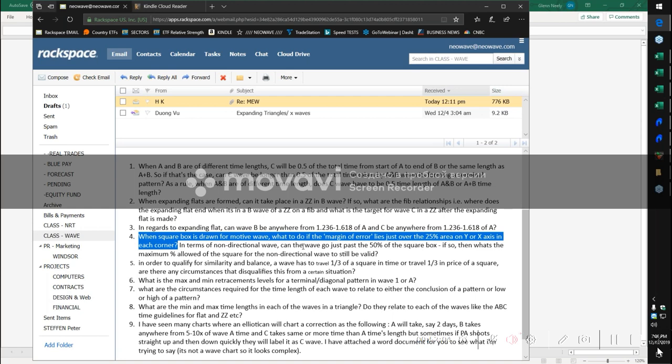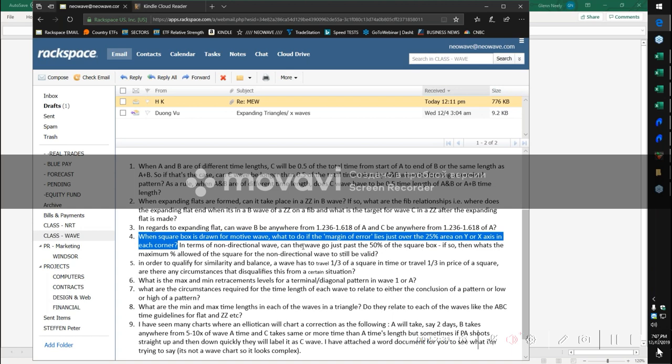You have price, time, and complexity. To be considered the same degree, you want at least 2 of those 3 to be at least 1/3 of the pattern before it. Either 1/3 of the price, or 1/3 of the time, or 1/3 of the complexity, and you want 2 of them to meet that minimum. If you don't have at least 2, it's probably a lower degree pattern.